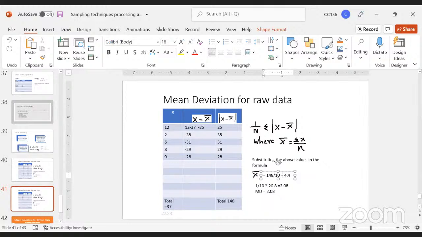The answer would be 14.8. So this is your mean deviation.